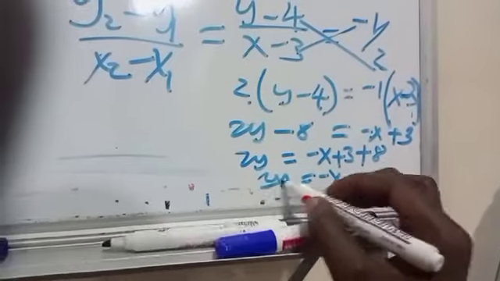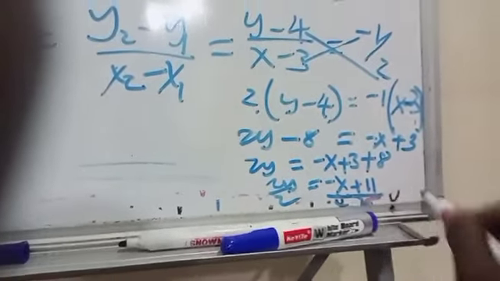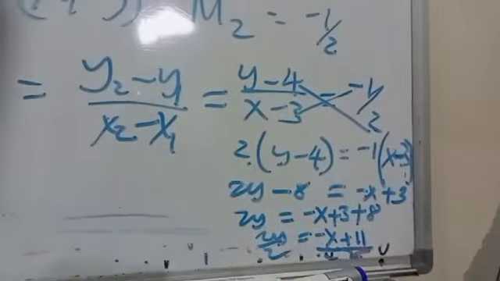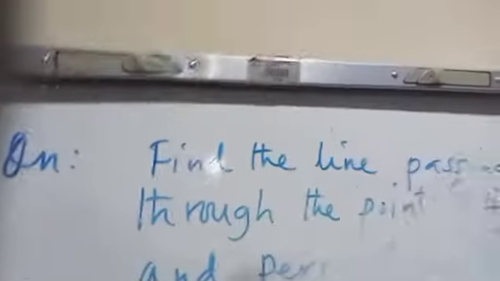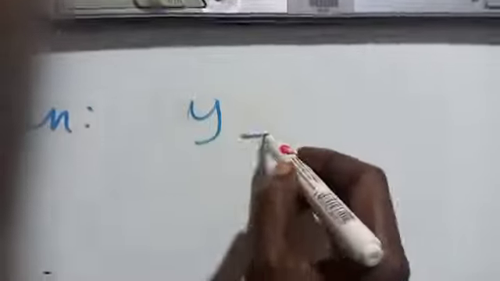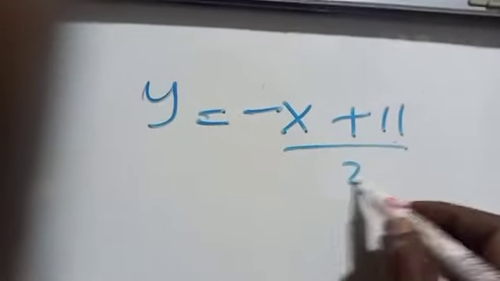So we will divide by 2 both sides, like this. So what happens here is that y will be equal to (-x plus 11) divided by 2.